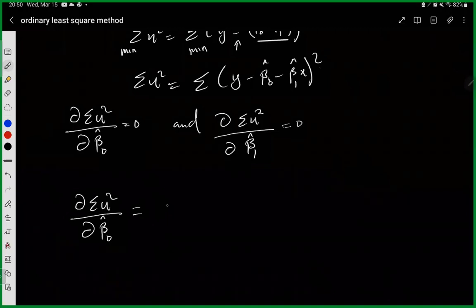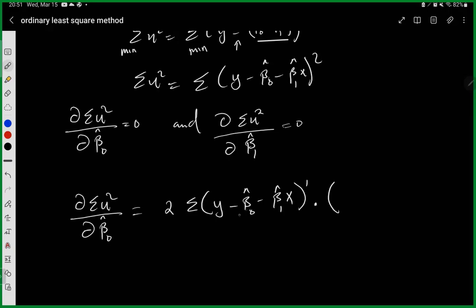We say summation, and we write everything the way it is: y minus beta naught hat minus beta 1 hat x, and then less that power by 1. Then we multiply this by the derivative of what's in the bracket with respect to beta naught. What we are interested in is where we have beta naught.